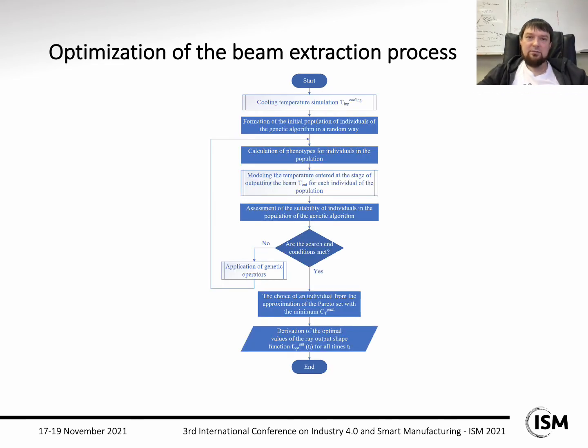This slide presents a block diagram of the optimization of the beam extraction process. In the sub-process of modeling the cooling temperature, which is T input cooling, the temperature is calculated using the formula for the distribution of the temperature field at the stage of beam output. Next, the initial population of individuals of the genetic algorithm is formed in a random way.